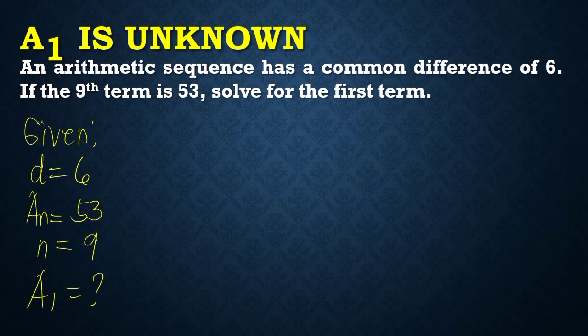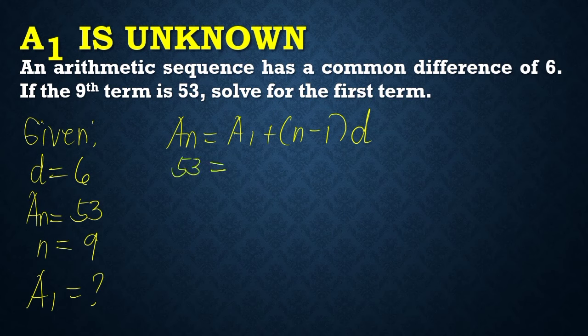So applying the formula, okay, and then a sub n, given naman siya, which is 53, so we substitute 53. And then a sub 1, this is the missing term or missing variable, plus n, that is 9, minus 1, times the common difference, which is 6.